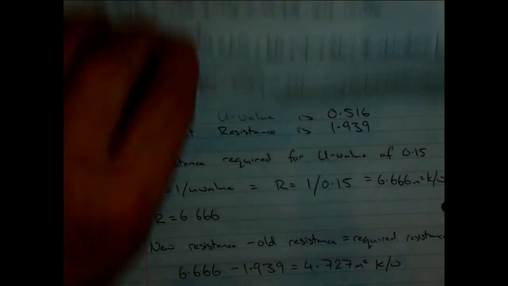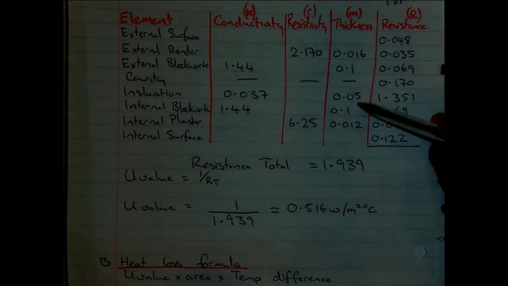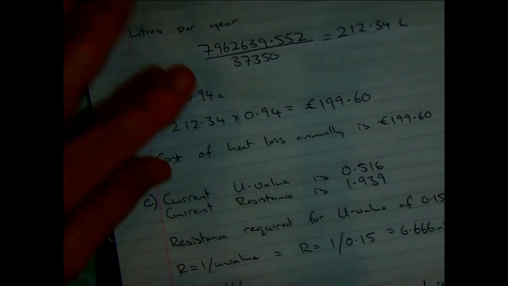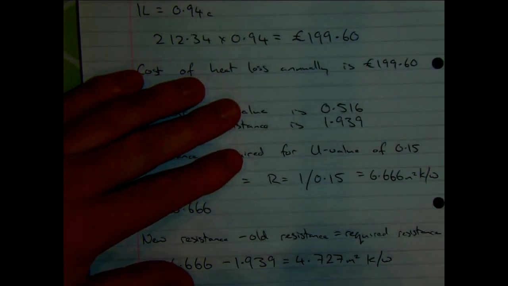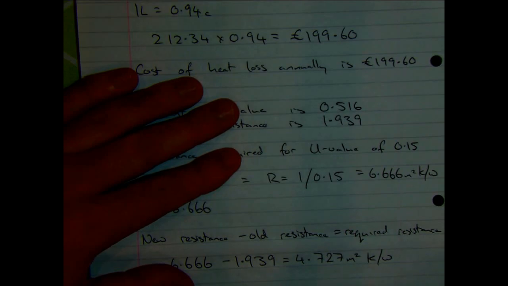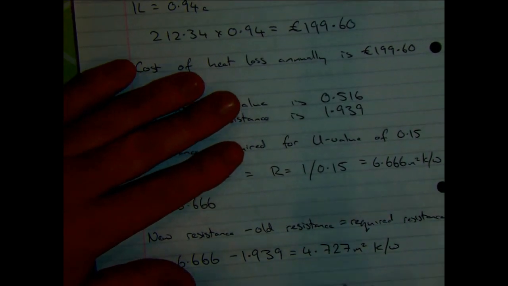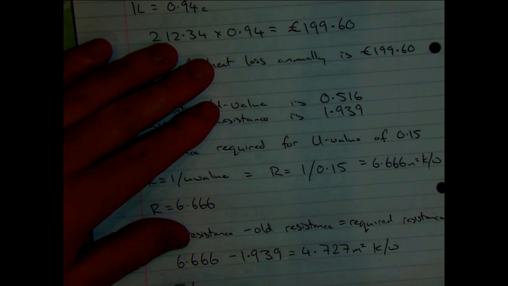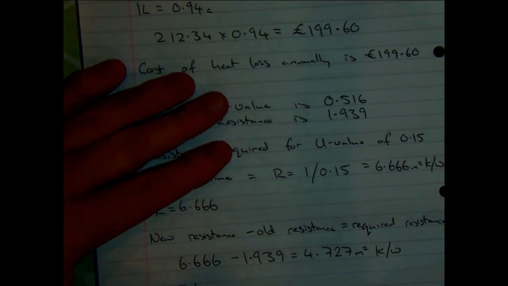Now, remember, when we were doing this question, all our thicknesses were converted into meters. So it's going to give us the answer in meters. So it's 0.146537 meters. So that's what we need to achieve a U value of 0.15.